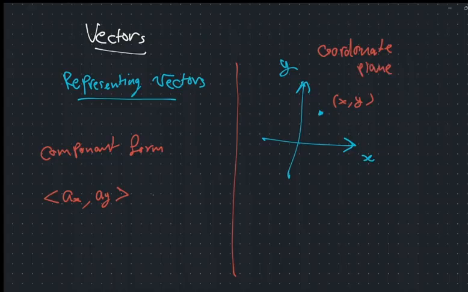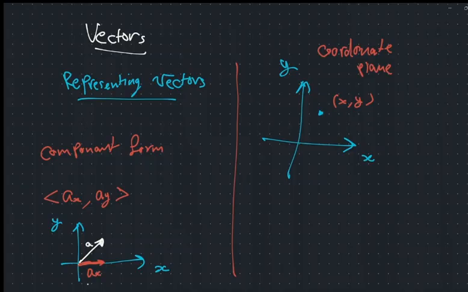Now for vectors, we will also use the coordinate plane. Let me draw it here. So we have also a y versus x. Let's draw a simple vector here. And the way we will represent it is by how much it has a projection on the x-axis, right? So this is ax, assuming this vector is actually called a.